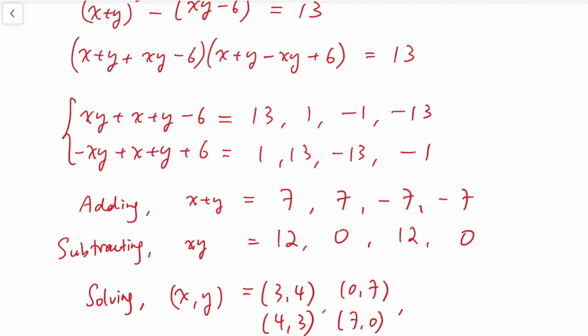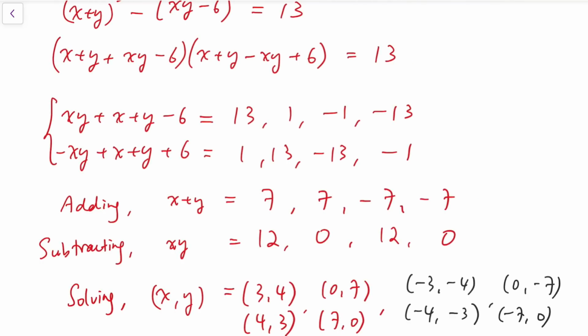While for the other two cases, you will have negative numbers, which are -3, -4, or swapped, or 0, -7. Again, you can swap them. So the pairs in black should be rejected because I'm looking for non-negative integers x and y.